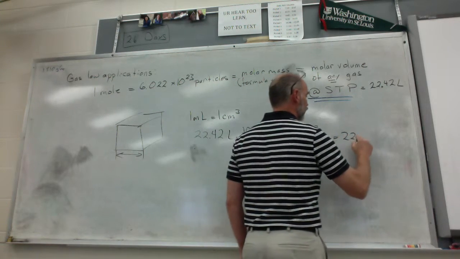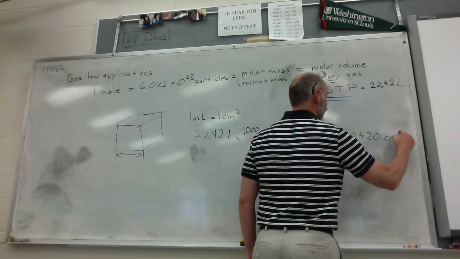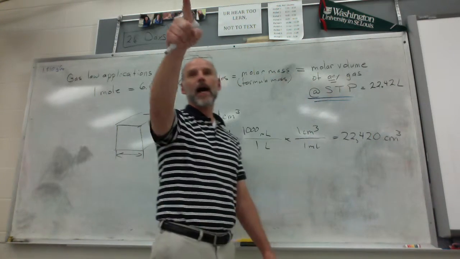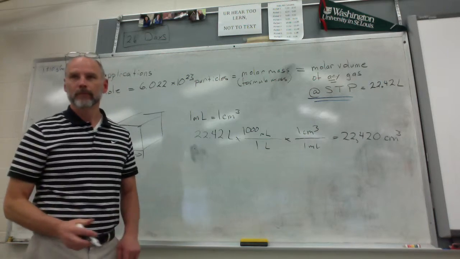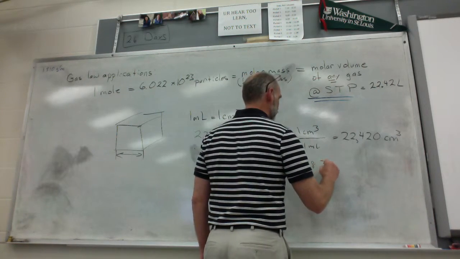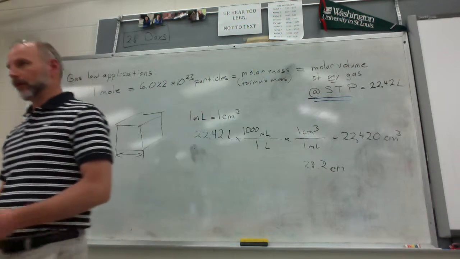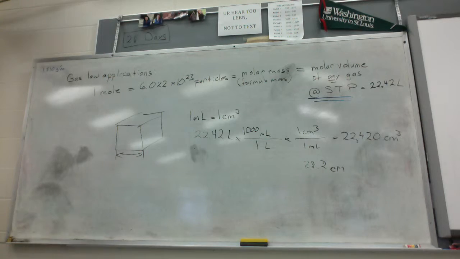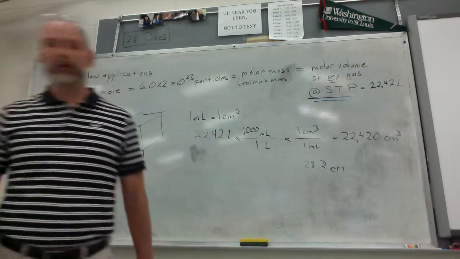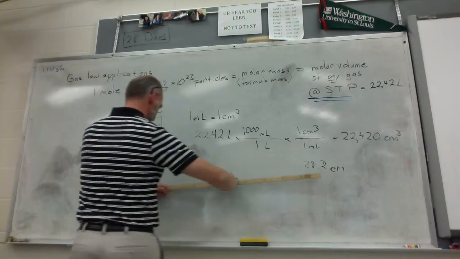And as Allison just said, 22,420 cubic centimeters, which now you cube, and you get 28.2 centimeters. How long is that? That's a darn good question. As it turns out, my little sample that I gave up here was not incredibly far off.